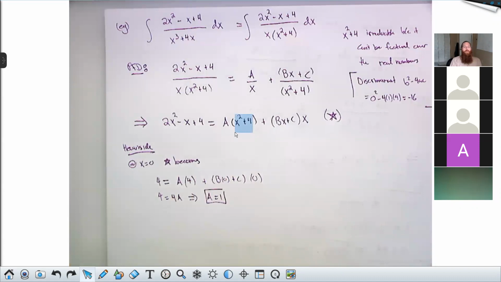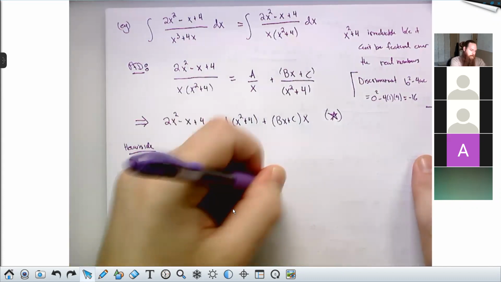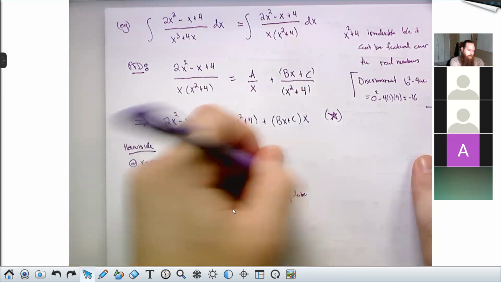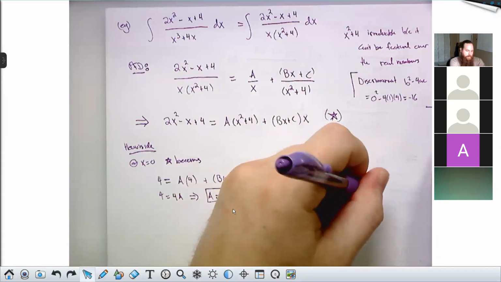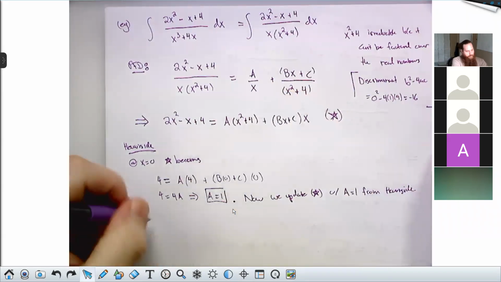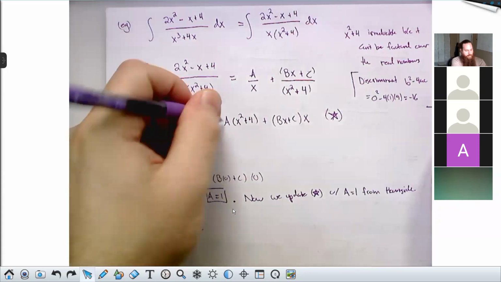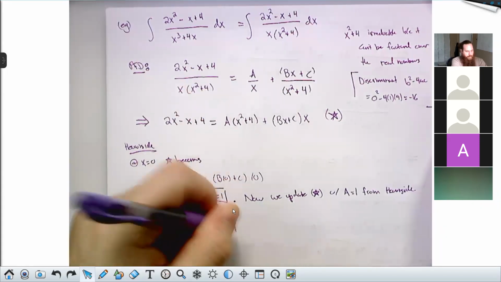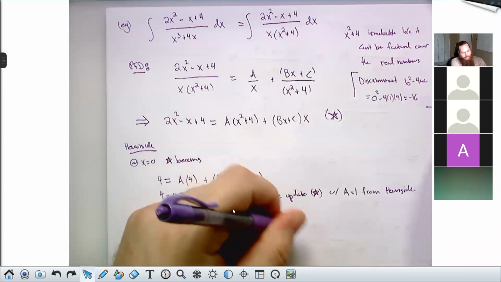And unfortunately, there's nothing I can plug in that will make this go away. So from here, once I have A equals 1, again, I update. I update star with A equals 1 from Heaviside. And that gives me 2x squared minus x plus 4 equals, A is 1, so this is just x squared plus 4 plus, I'll go ahead and distribute this, Bx squared plus Cx.